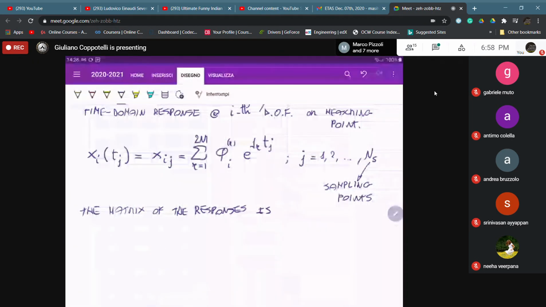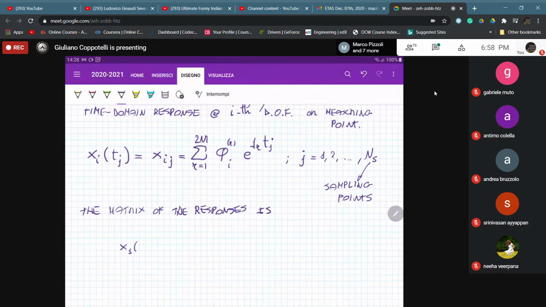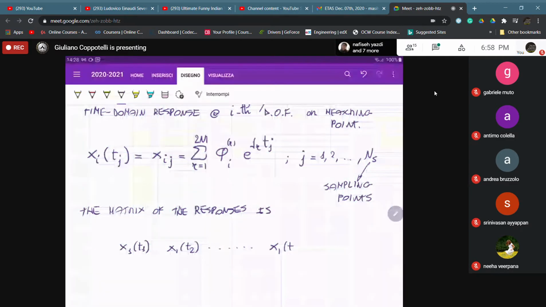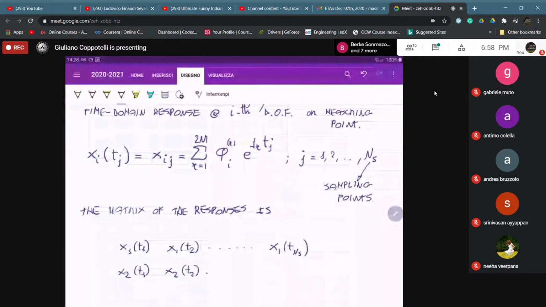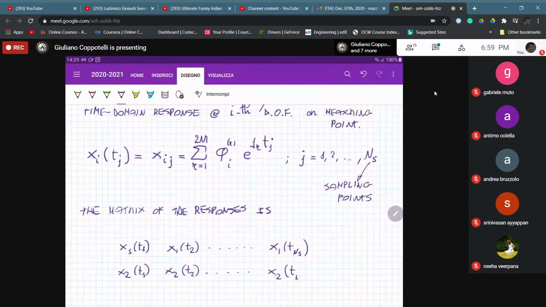That is x1 at t1, x1 at t2, up to the last one, x1 at t_Ns. Then the second row is x2 at t1, x2 at t2, and then up to the last one, t_Ns.